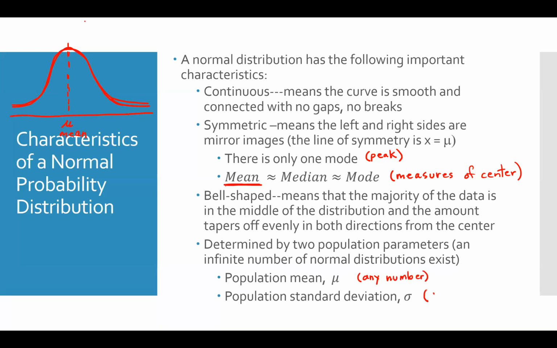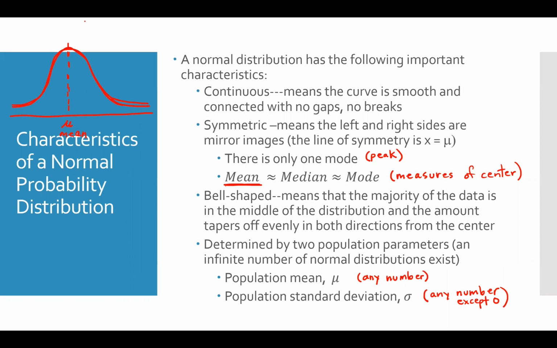And for the population standard deviation, we can have any number except 0. So if I can have any number for the population mean and any number for the population standard deviation in any combination, there are an infinite number of normal distributions.